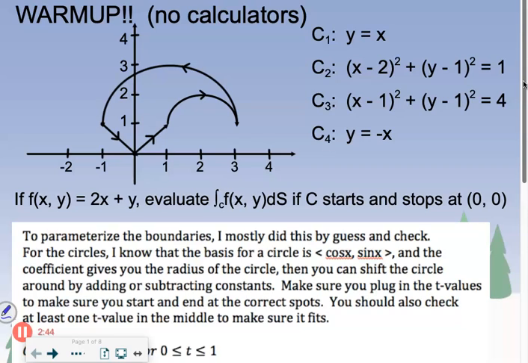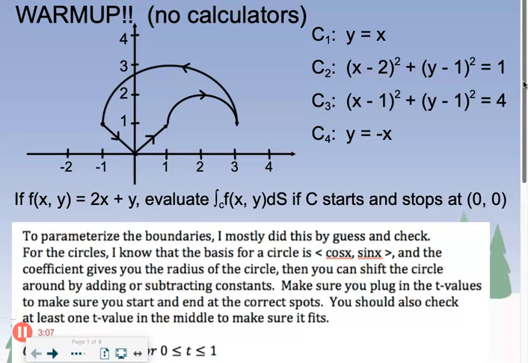You kind of do a little system of equations. The radius is 1, so it would just be cosine theta plus a, sine theta plus b, or something like that. Just set it equal to 1, 1, set it equal to 3, 1, and see what you get.